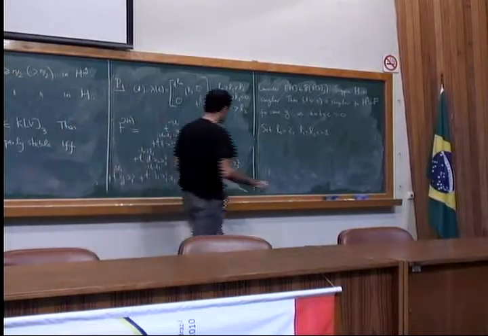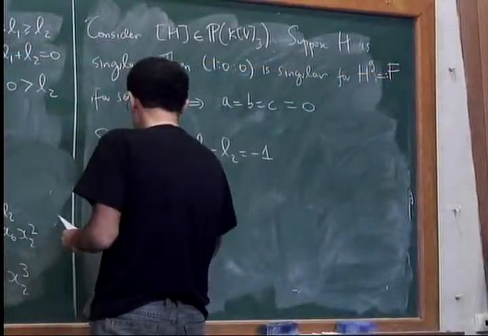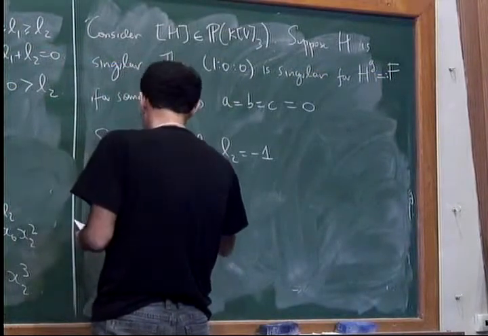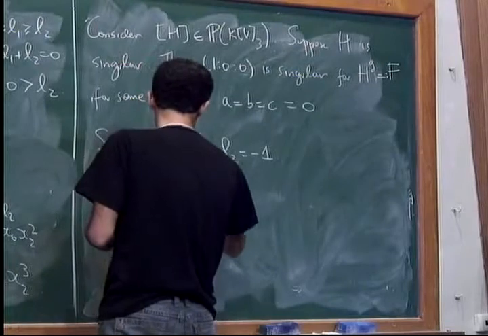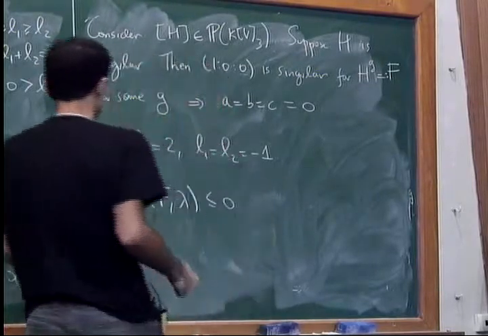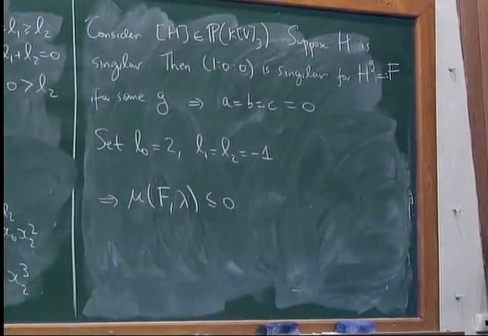So that means that the mu, which is the power of the denominator, is non-positive. Okay, so this is a polynomial in t. So that means that the power of the denominator is less than or equal to 0.